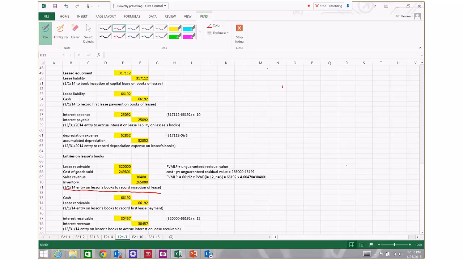The basic structure of any sales type capital lease is the lessor debits lease receivable, debits cost of goods sold, credits sales revenue and credits inventory.